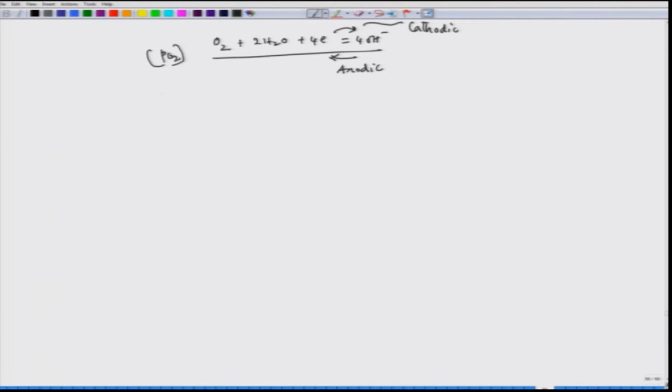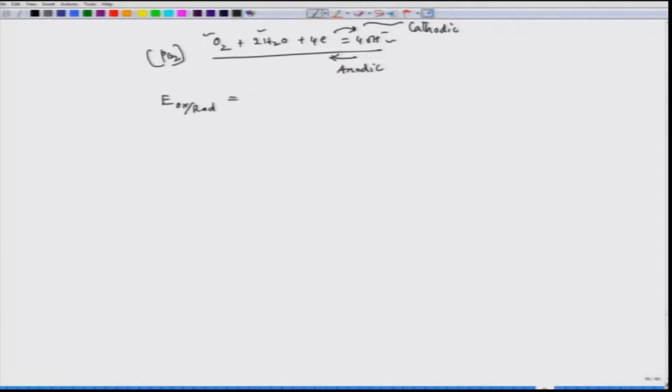Now, if we try to write the Nernst equation for this, instead of writing all those species here, these are basically the oxidant part and this is my reductant part. So, now we write only ox by red. If we go back to earlier lectures, we can write it as oxygen slash OH minus. That means oxygen is the oxidant and OH minus becomes my reductant.